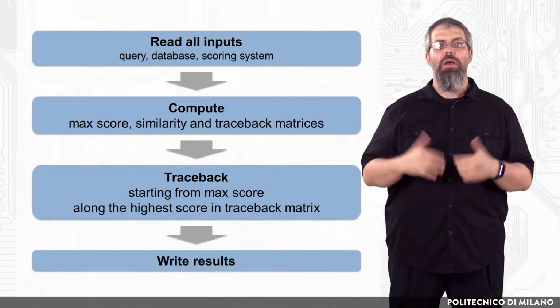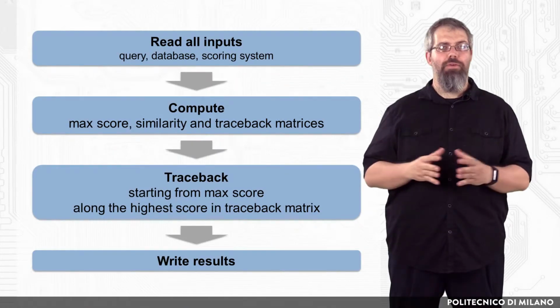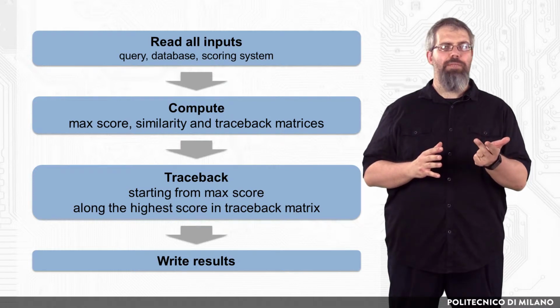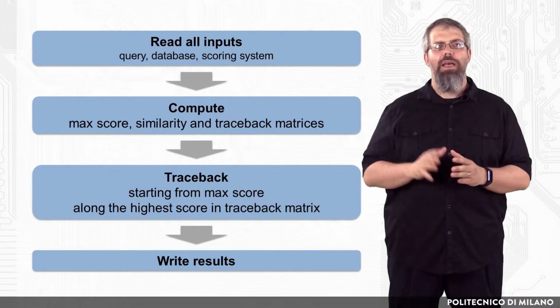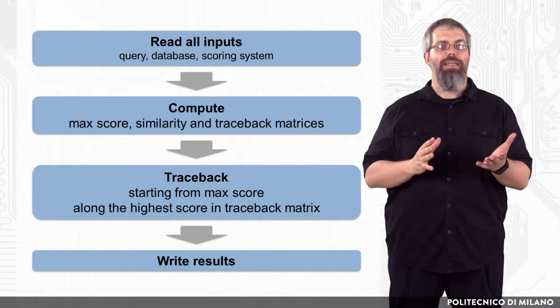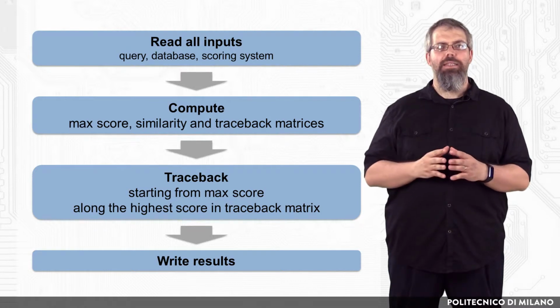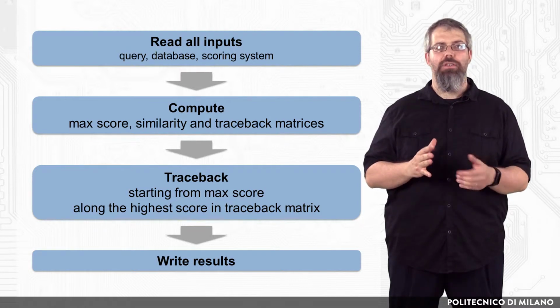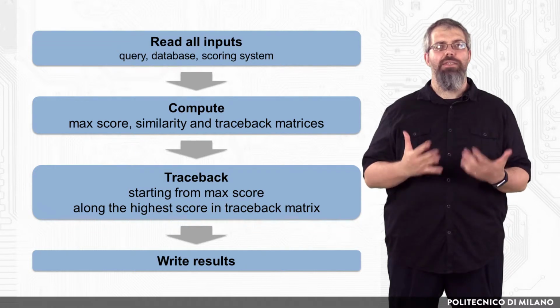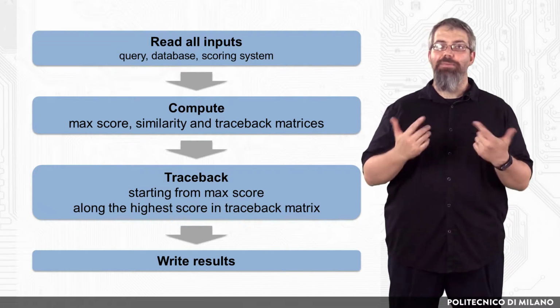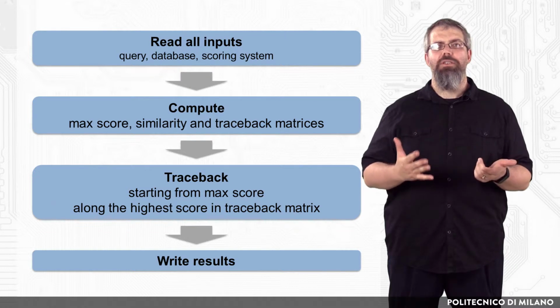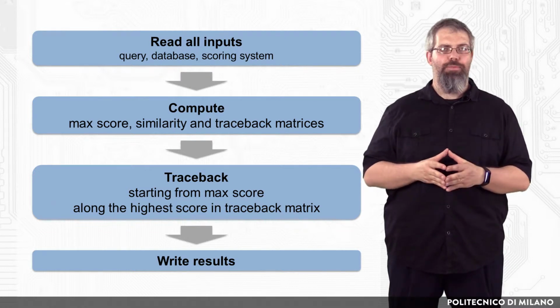In our example, we can organize it into 4 microphases: read, compute, traceback, and store or write. Given a query n and a database m, a similarity system and an affine gap function, the algorithm calculates the scoring matrix S and the traceback matrix T, whose dimension is n times m each.